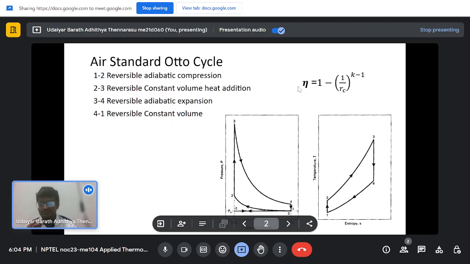The third assumption is that there is no change in composition. It's just air, there is no fuel and there is no combustion.